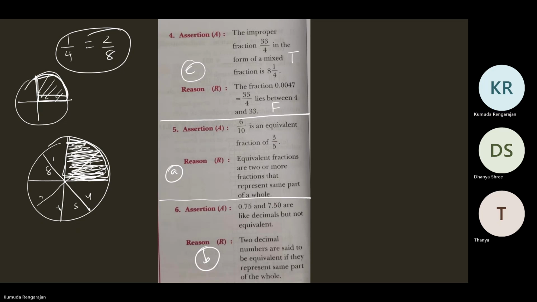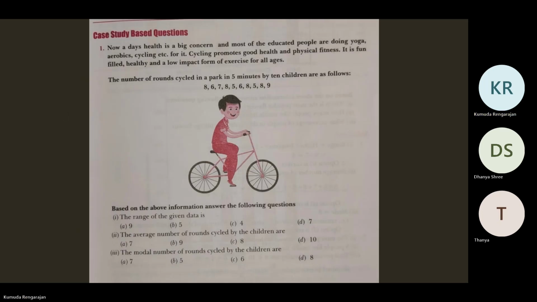All right. Okay, next one. Okay, what's the range of the data?